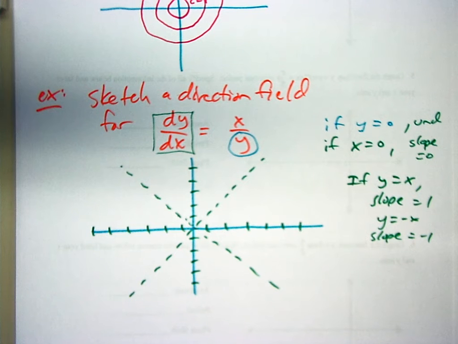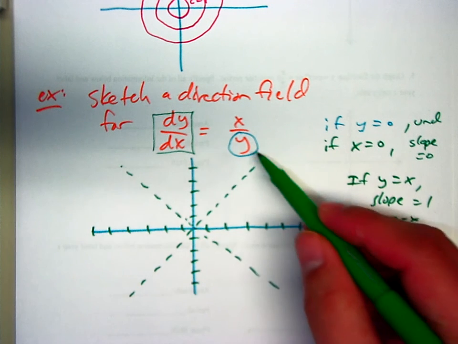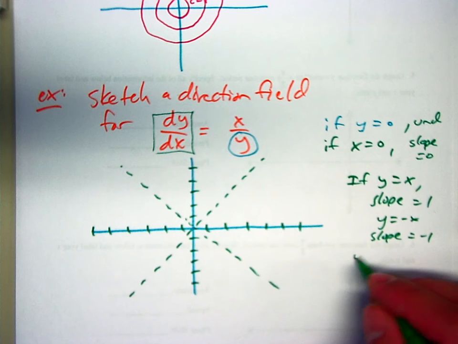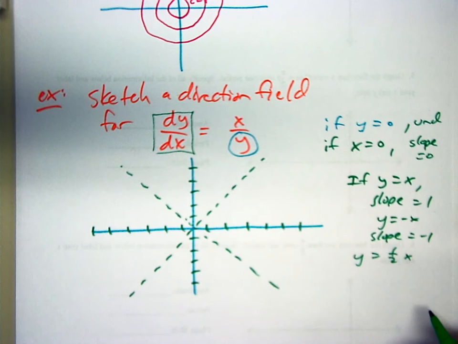So, continuing. Let's get some other nice slopes here. If we do something like a slope of 2, we would say maybe y equals 1/2 x, since these are inversely related, right?